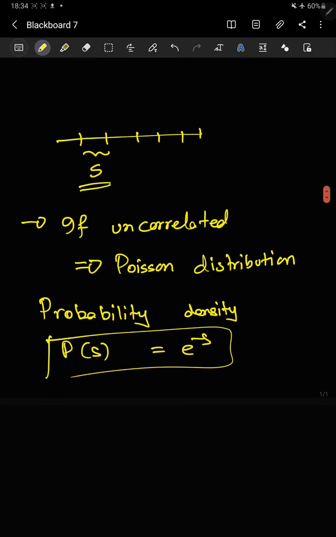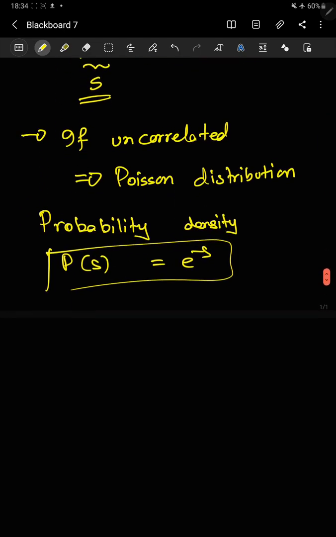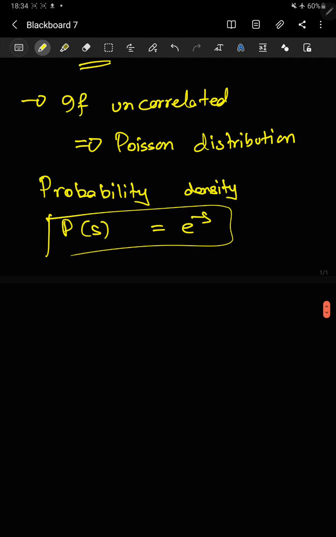But experimentally, we observed something very different.